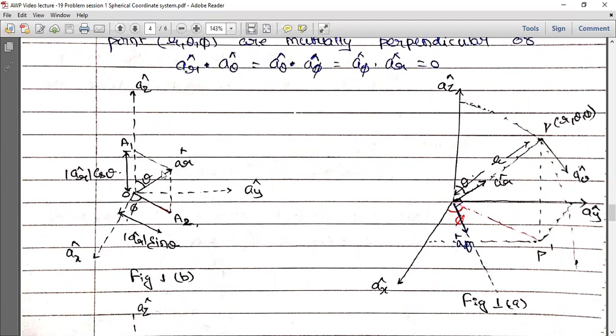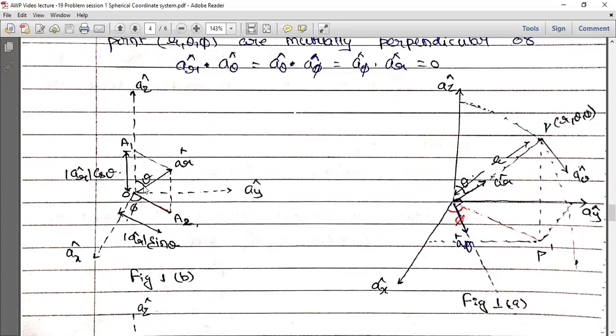Now we will not dive directly into a theta and a phi. We will first look at what we can further say about this AR cap. AR cap is the direction of the line segment OP, and the second coordinate theta is the angle between OP and the AZ cap, or Z direction.